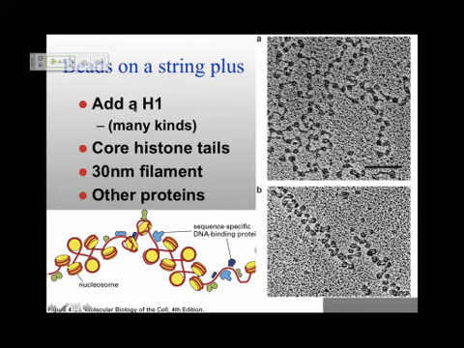I put in here "many kinds" to remind me to mention that the histones H2A, H2B, H3, and H4 are incredibly similar in their amino acid sequence in all eukaryotes, from the mighty yeast to the mini human.